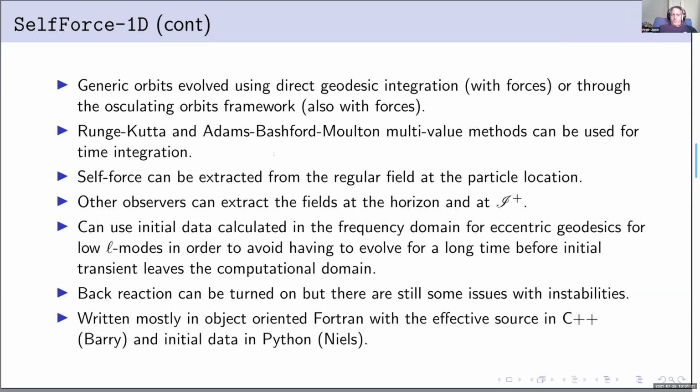We have implemented both some Runge-Kutta and some Adams-Bashforth multivalue methods for the time integration. We have implemented routines to extract the self-force from the regular field at the particle location, and some other observers that can extract the fields at the horizon and at scri plus.